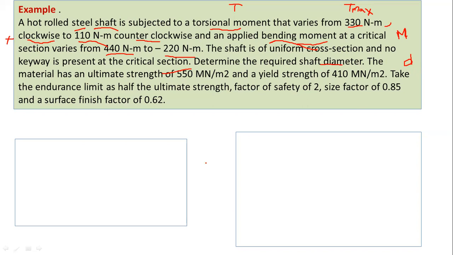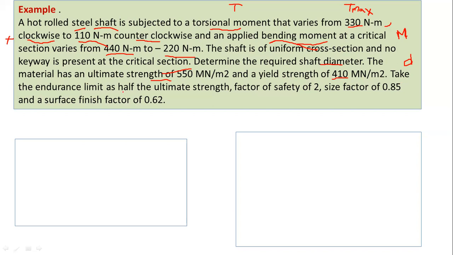Here the ultimate strength is given. Ultimate stress or ultimate strength, sigma u, equal to 550 megapascal. 1 Newton per meter square equal to Pascal. I have yield strength sigma y equal to 410 megapascal.